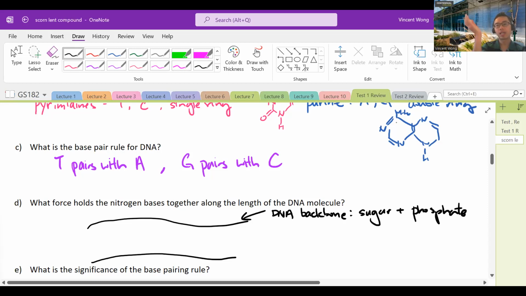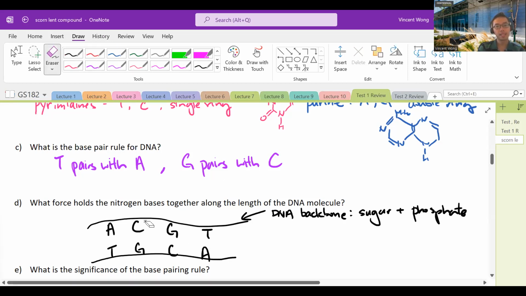Remember, the nucleotide has the sugar, the phosphate, and then the nitrogen base. So the backbone of the DNA is made up entirely of just the sugar and the phosphate. And you're going to have your base sticking out like this. So if I know one side of the strand, I will be able to predict what's on the other side using the base pairing rule.